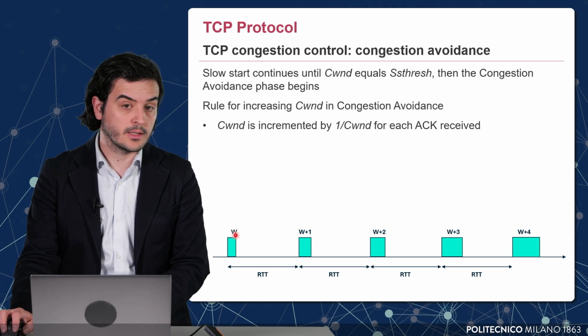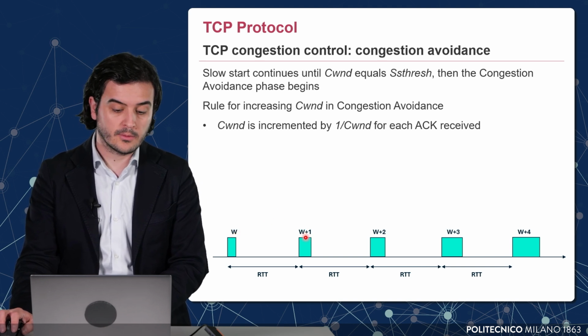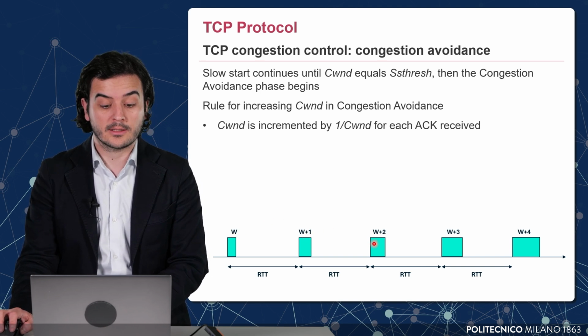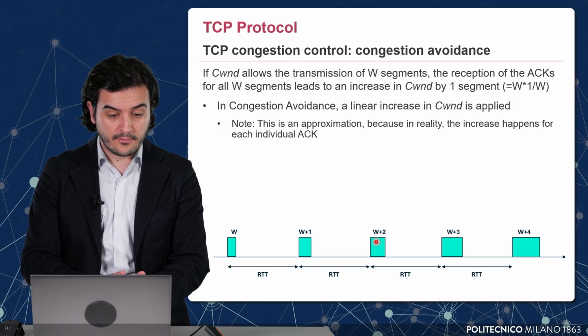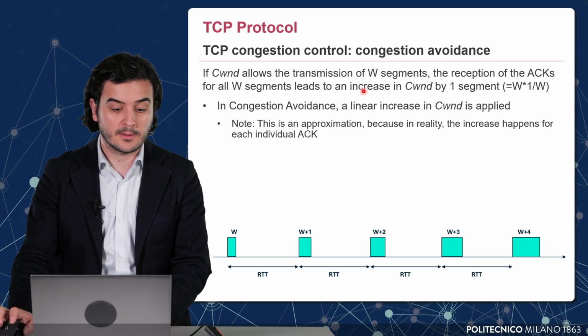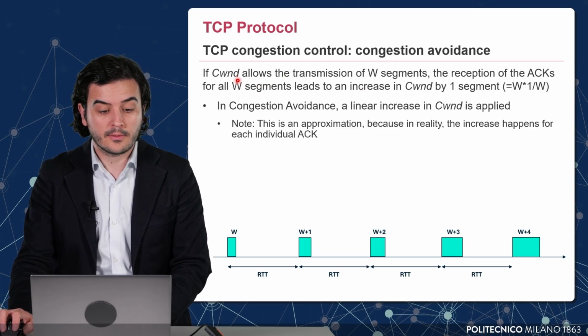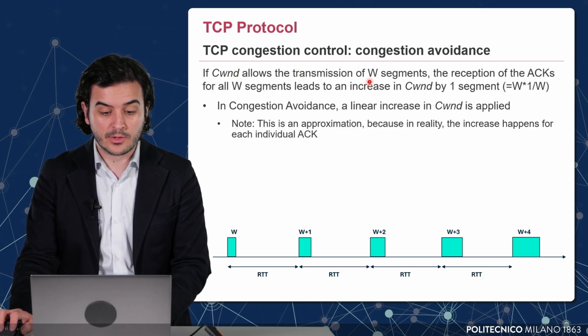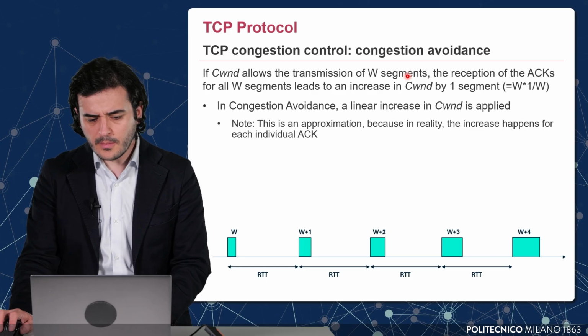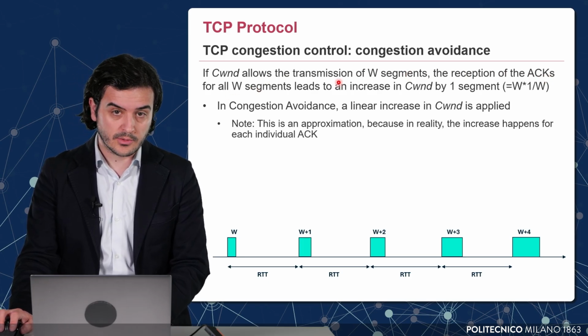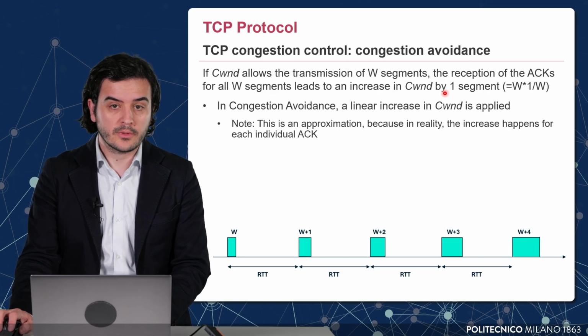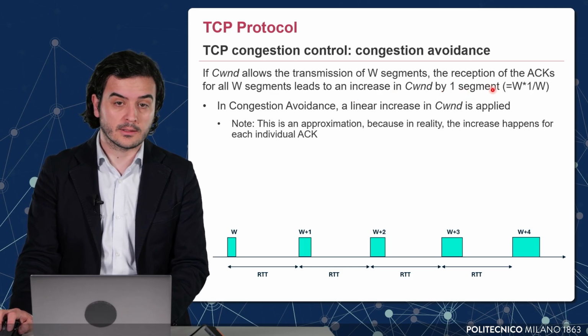If it starts with a value of W, in the next step it will be W plus 1, in the next step W plus 2, and so on. In a more formal way, if the congestion window allows the transmission of W segments, then the reception of the acknowledgements for all of these W segments will lead to an increase equal to 1 segment.